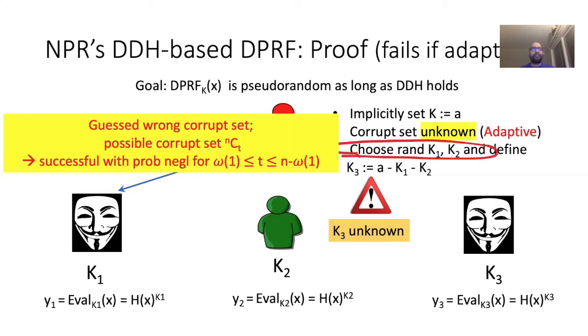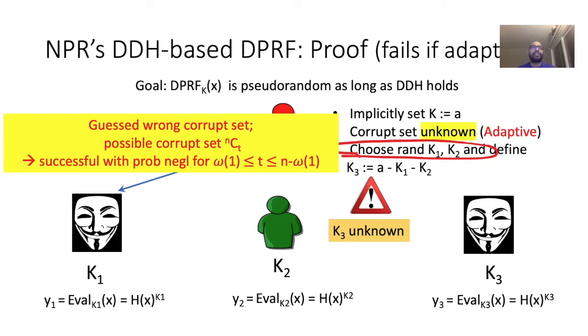In slightly more detail, what happens is that it's choosing k1 and k2 randomly, so it's basically guessing the corrupt set ahead of time, and in this case that turned out to be wrong. Now, in the case of t out of n, if the reduction needs to guess the corrupt set every time, that's bad, because the number of possible corrupt sets is on the order of n choose t.